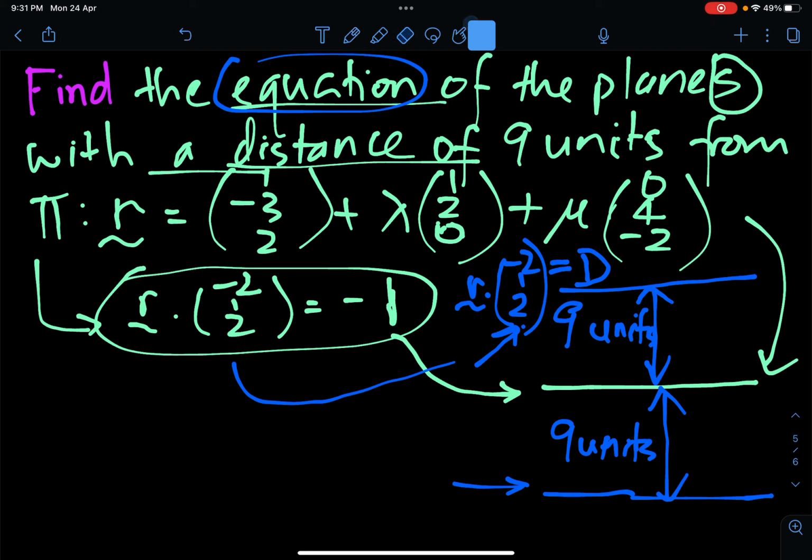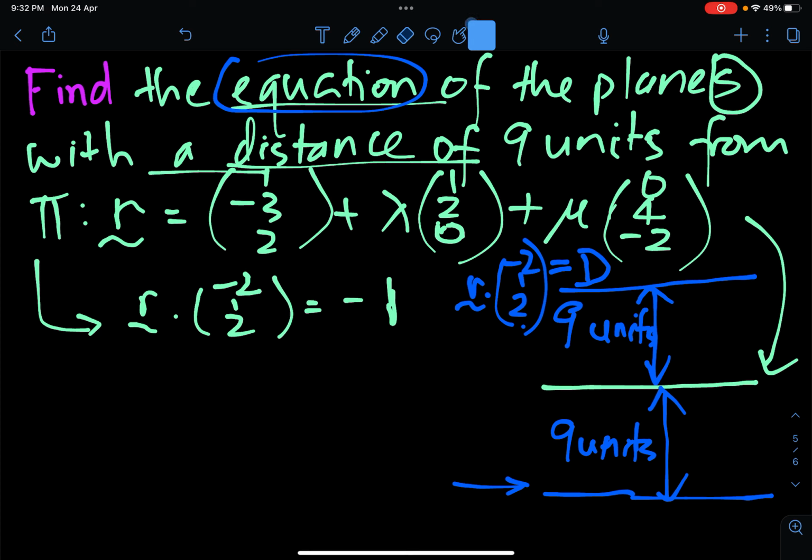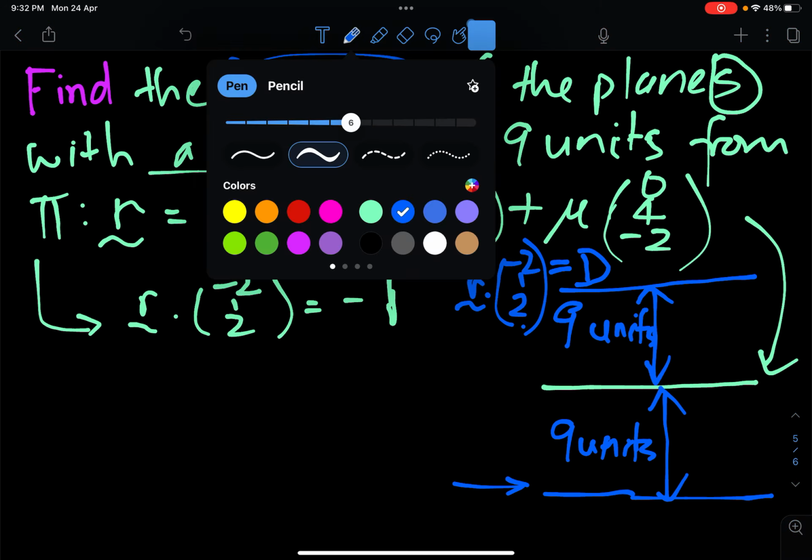Yesterday I gave you the magical formula. Let me just write this here first so I get more space to work out the question.